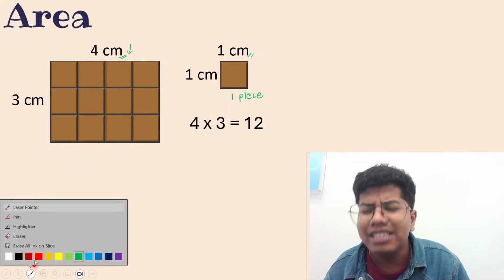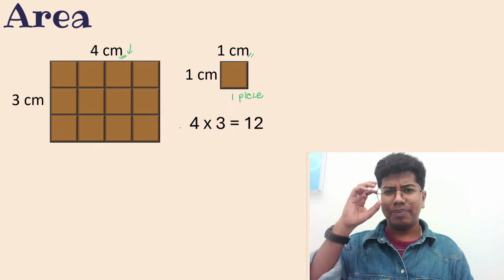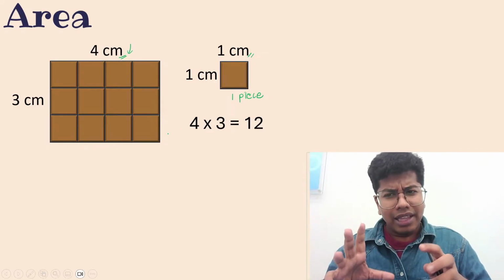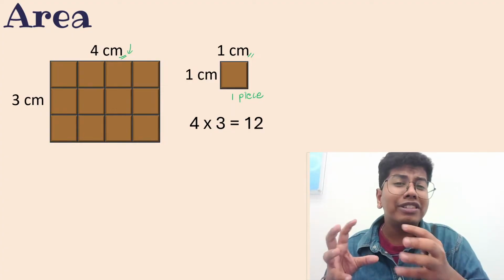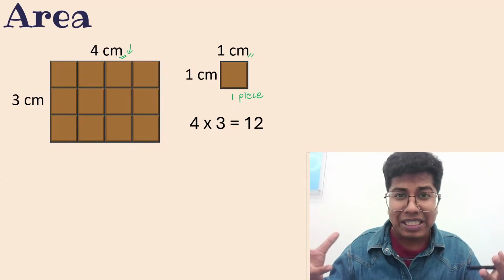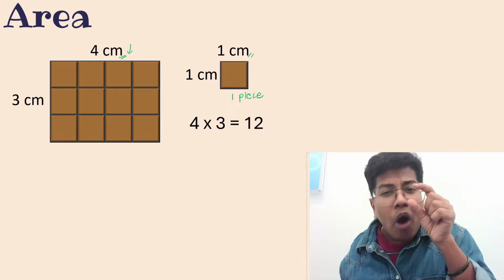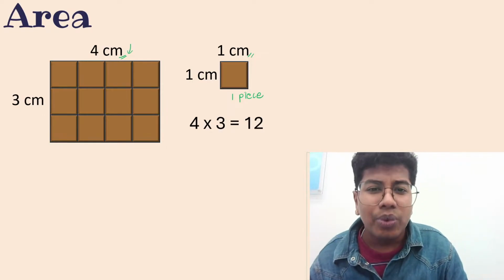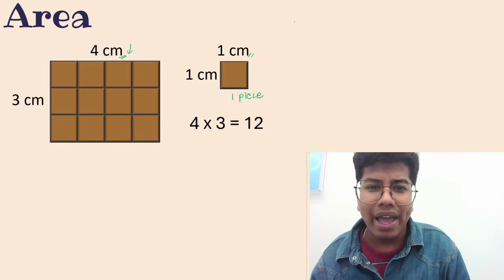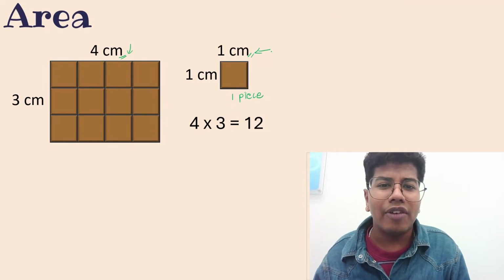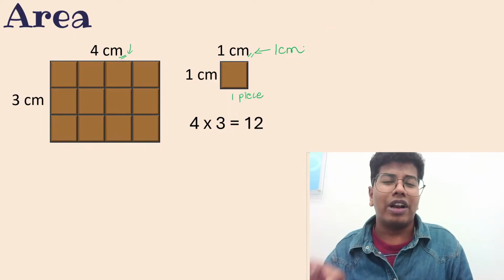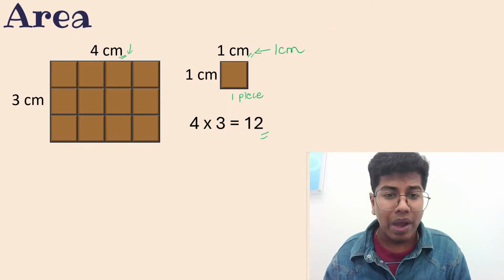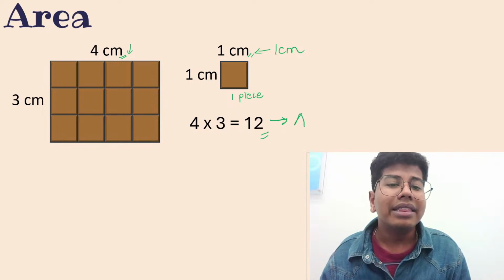So what we can understand from this part, the chocolate paper had the dimension of 4 centimeters and 3 centimeters. But the small square of 1 times 1, this is a small square of dimension 1 centimeter. So the number of chocolates that we can fill, that is 12, is nothing but the area.